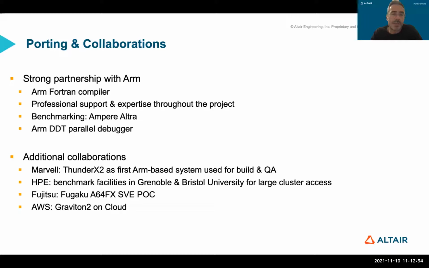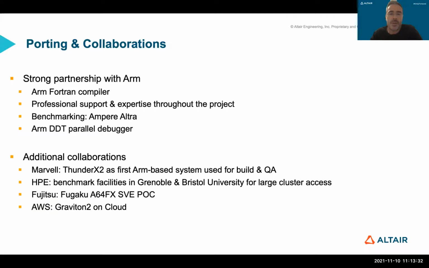During this porting, we also collaborated with all the other partners in this ecosystem. Marvell, thanks to whom we got our first ARM-based system, which we continue to use to build our code and run our in-house QA. HPE, with their facilities in Grenoble, France, close to the Radioss development team, which is based in the south of France, in Sophia, with also some offices in Grenoble, so it's efficient to collaborate with them.